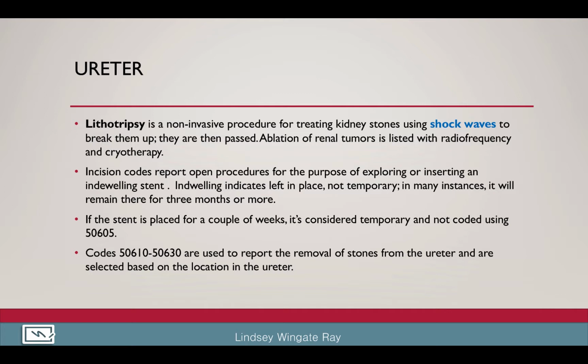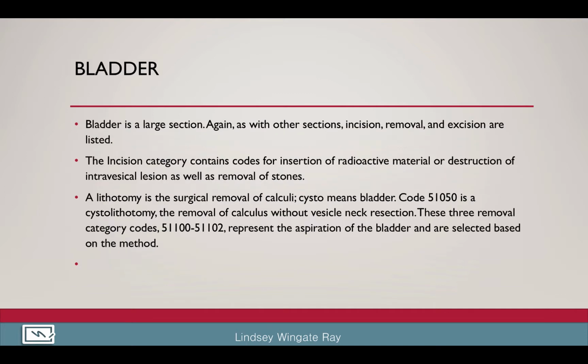Codes 50610 through 50630 are used to report the removal of stones from the ureter and are selected based on the location in the ureter. Now turn to the bladder section. The bladder section is a large section. And again, just as with other sections, there's incision, removal, and excision listed. The incision category contains codes for insertion of radioactive material or destruction of intravesical lesions, as well as removal of stones.